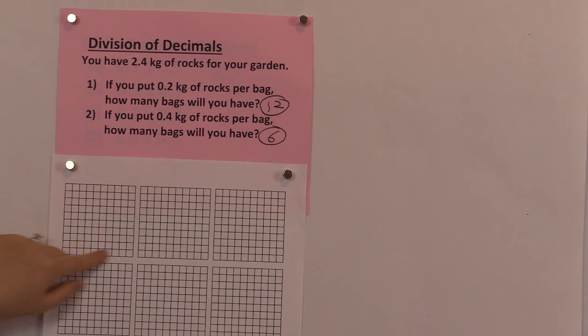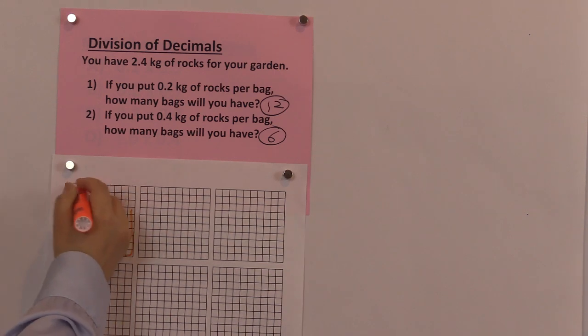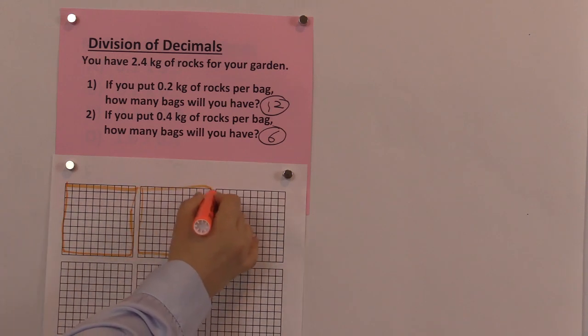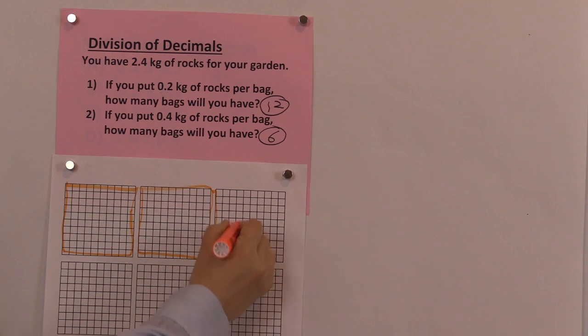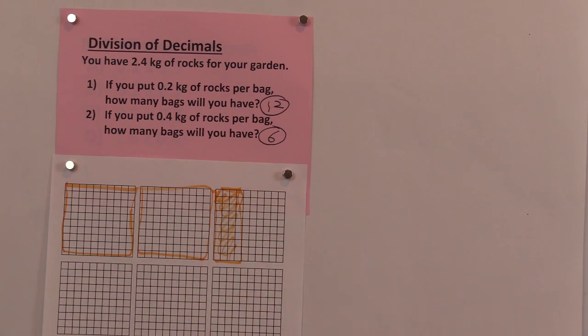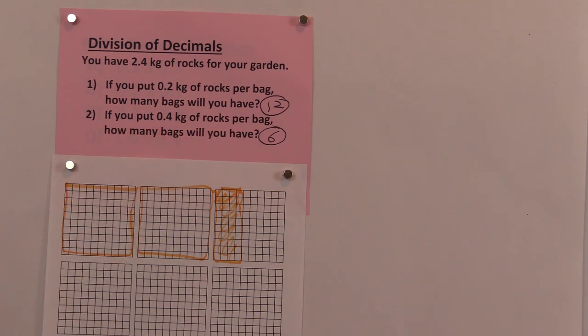So this is 1 and this is 2, and this is 1 kilogram. This is 2 kilograms, and this is 4 tenths kilogram, right? And I want to figure out if I put 4 tenths kilogram per bag, how many bags will you have?